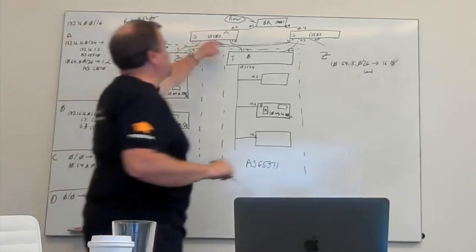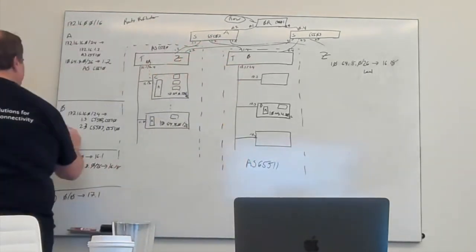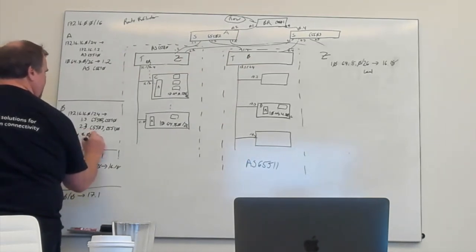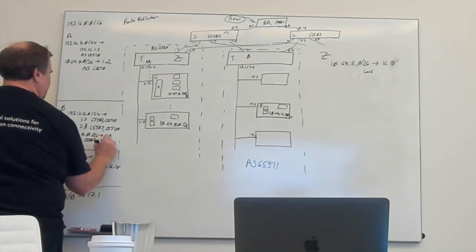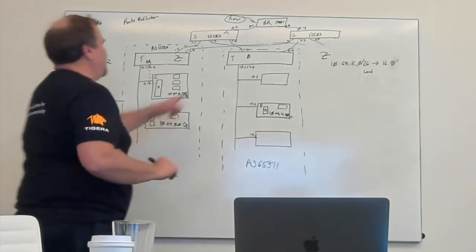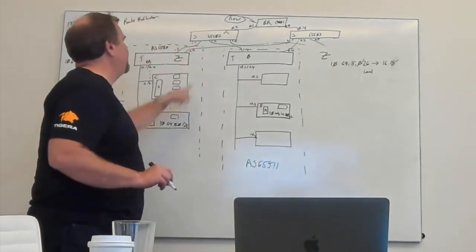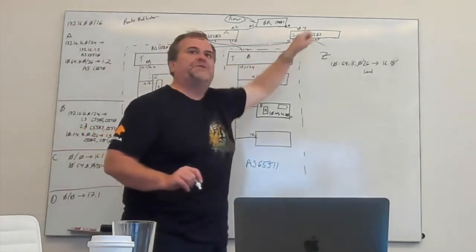So now this switch will tell B that it is the next hop. So we'll say 10.64.8.0/26, its next hop 1.3, and its AS path is 65502, 65510. So now this switch knows that to get to pods in this address, it needs to send it to one of these two switches.